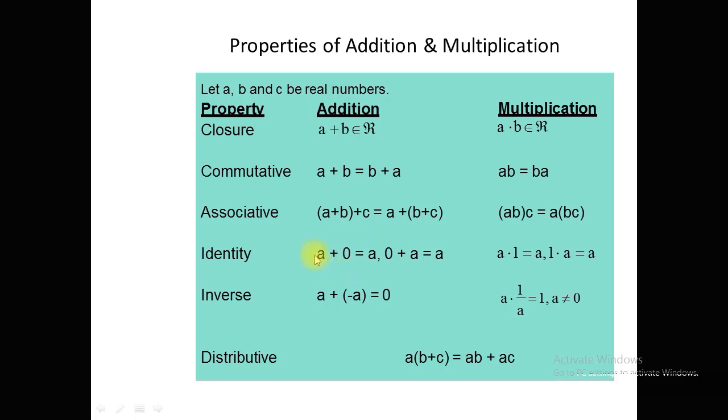Additive identity means that for any real number a, there exists a number 0 such that a plus 0 is equal to a, or 0 plus a is equal to a.